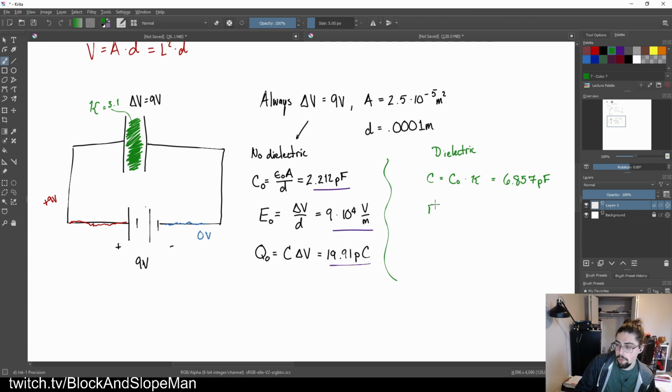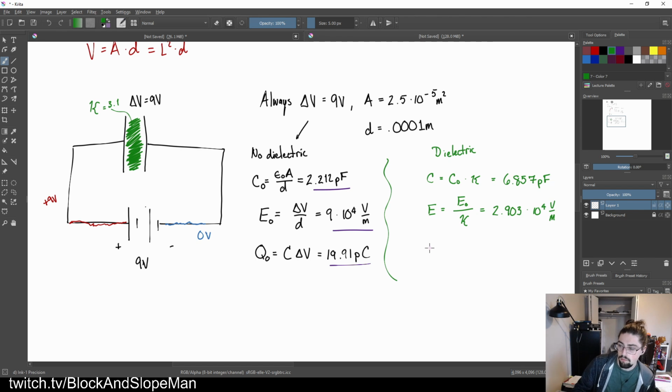I could do the same thing for my electric field. I would take the electric field that I started with, and I'm weakening my electric field. And what we end up with is, shoot, I lost my value. 2.903 times 10 to the fourth volts per meter.